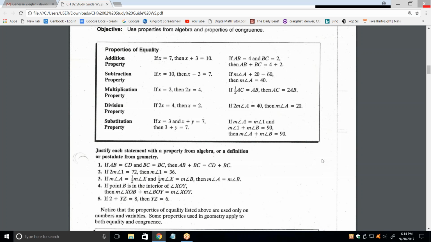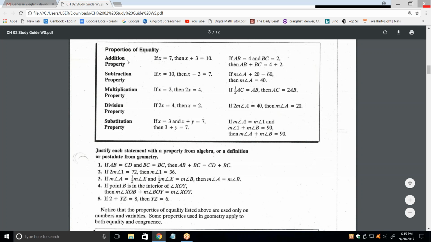Doesn't this have another name also? Transitive? That's what I'm thinking. I think that's the transitive property, actually. So answers don't necessarily need to come from this list of 5 here.